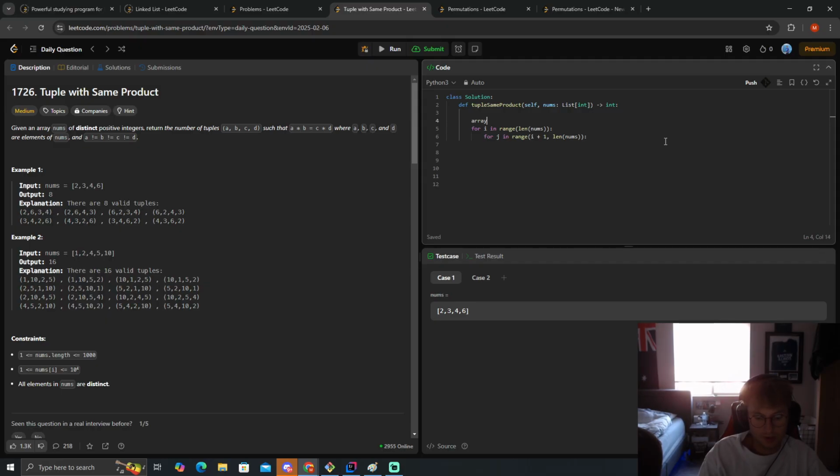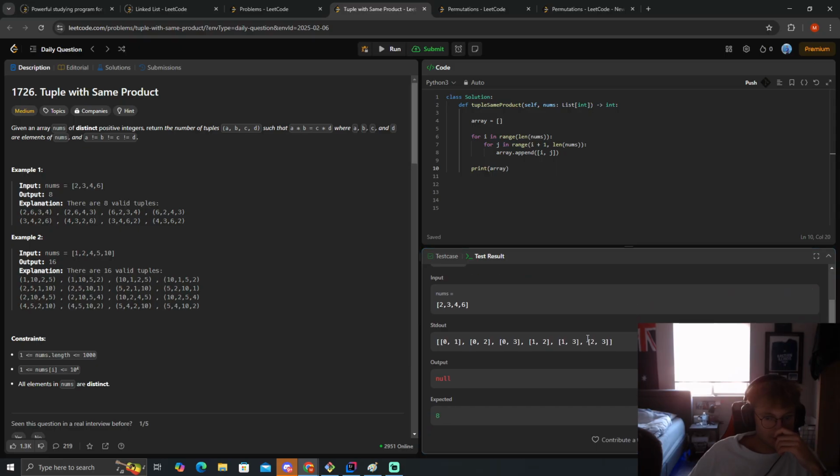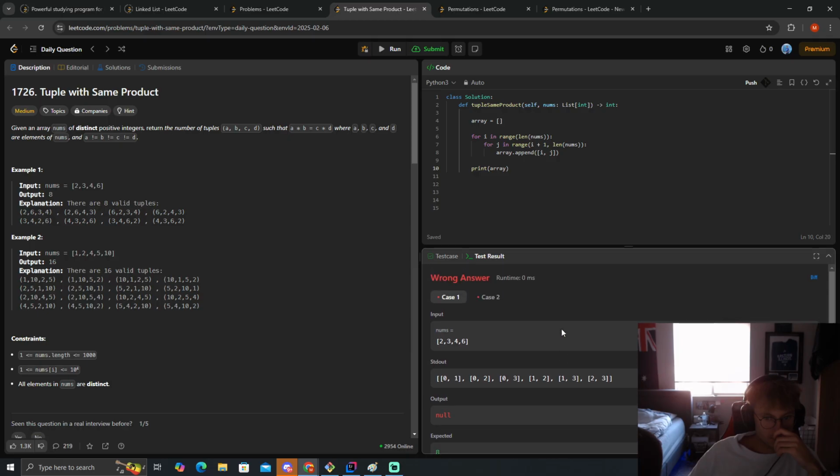Actually let's just have a look at an array first, what it looks like. Let's do array.append I, J, print. I'm thinking of Tucson when I do this. Oh shoot, I'm actually putting in the value.